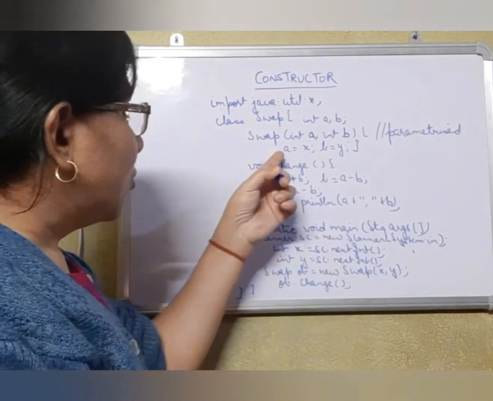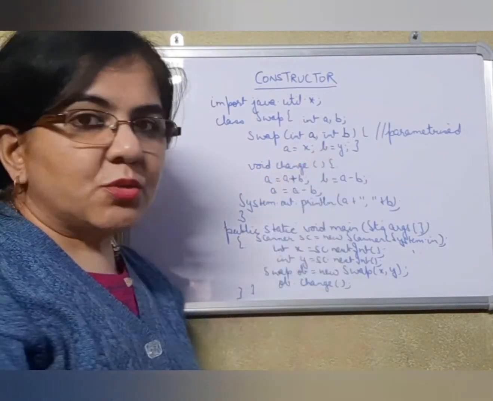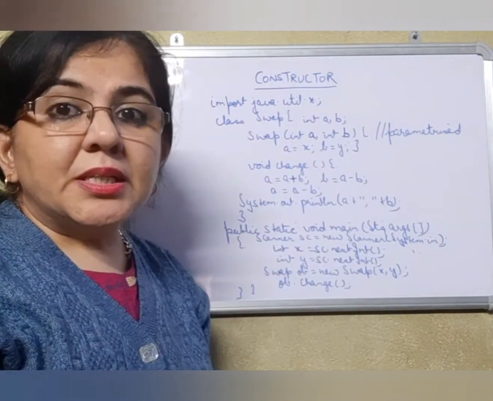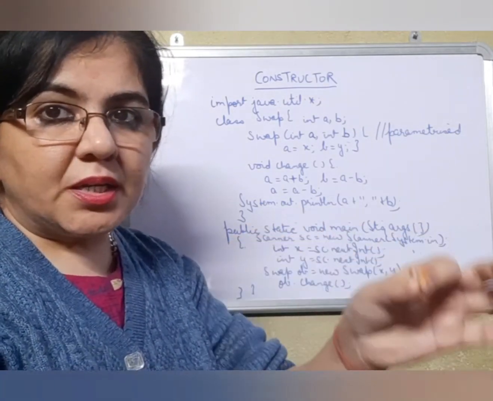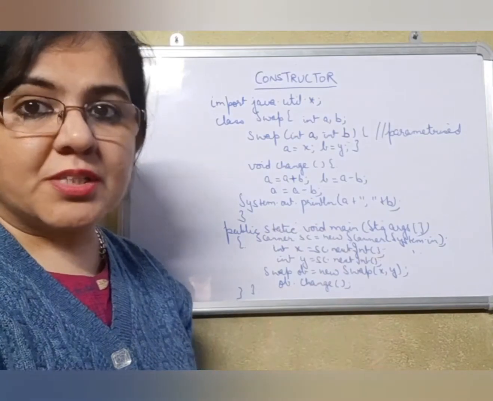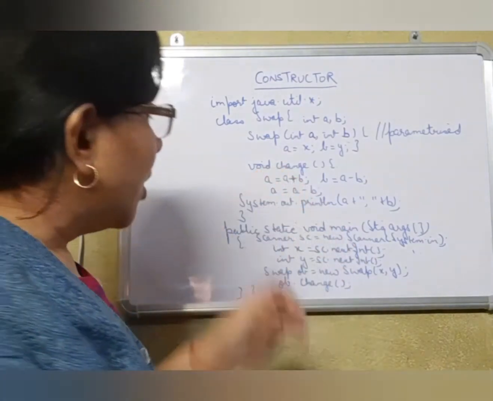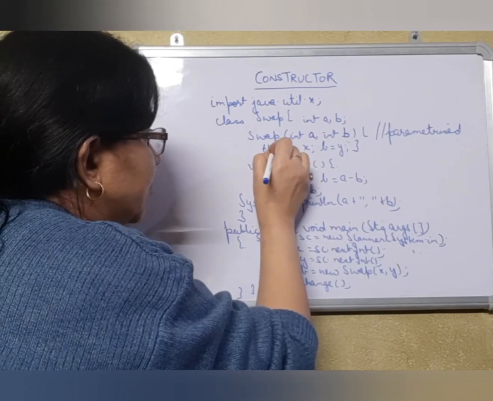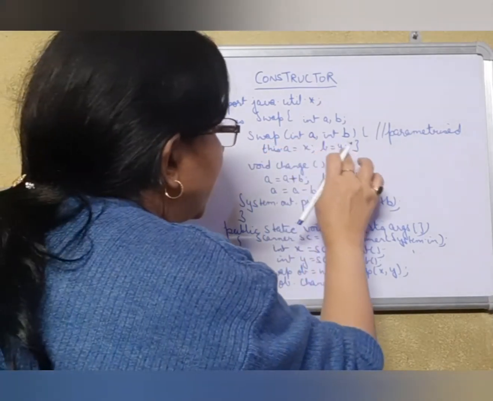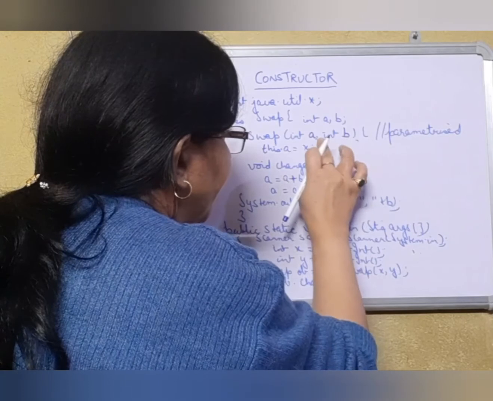Now, if you write here a is equal to a, b is equal to b, this will be a namespace collision, in which the compiler and interpreter both will be confused about what is happening. To avoid this, we will use the this keyword with our instance variables to remove the namespace collision.